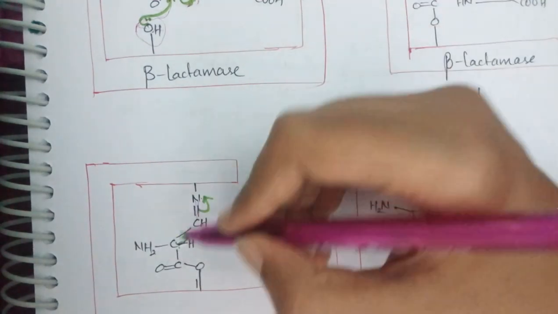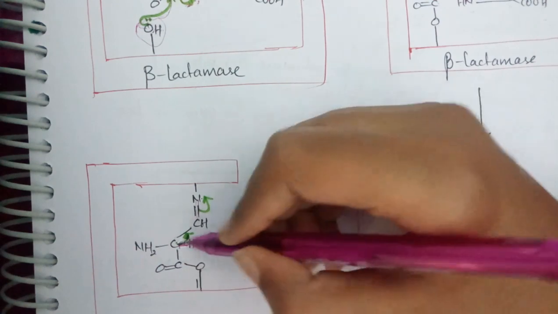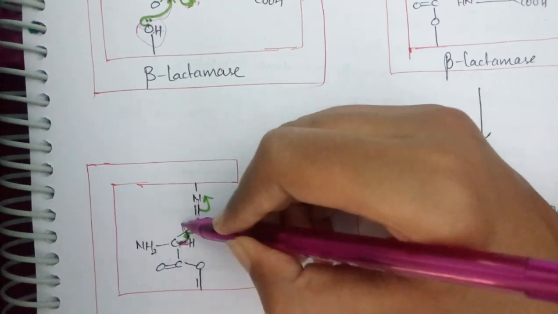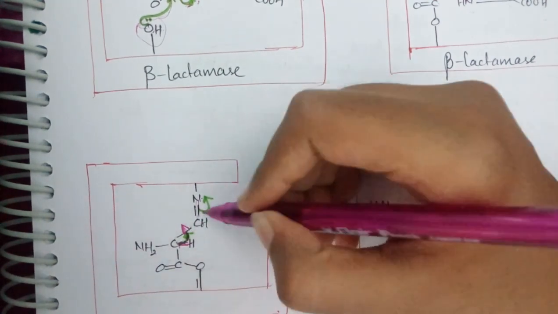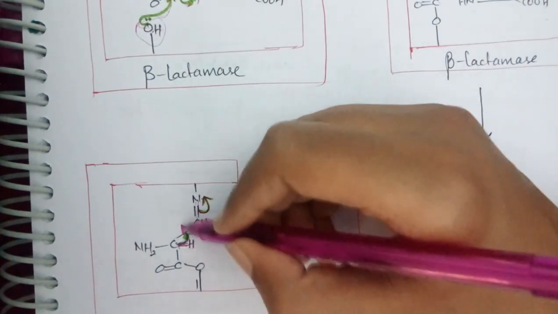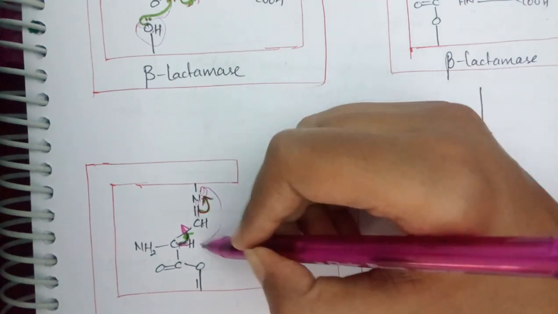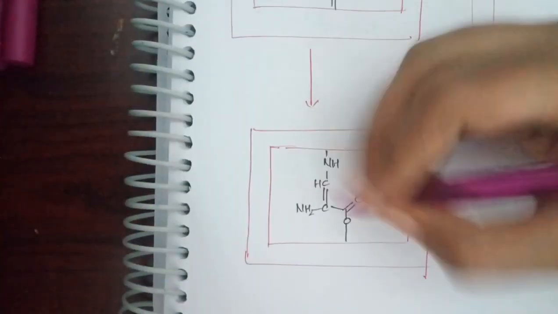After writing, this hydrogen attached to carbon will shift here, the sigma bond will shift. Later this sigma bond shifts, and the pi bond electrons will shift. Here you will get a negative charge, will take this hydrogen, and it will lock this enzyme permanently.